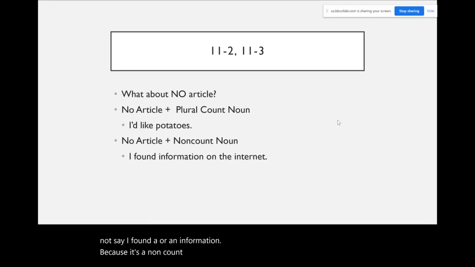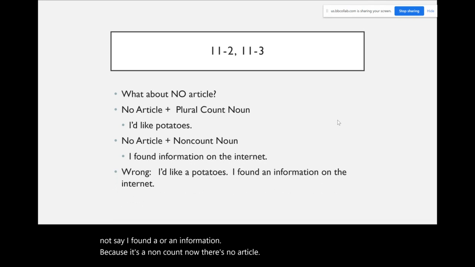There's no article. And this one would be wrong: I like a potatoes. I found an information. Those are wrong. Questions about that little rule? No.